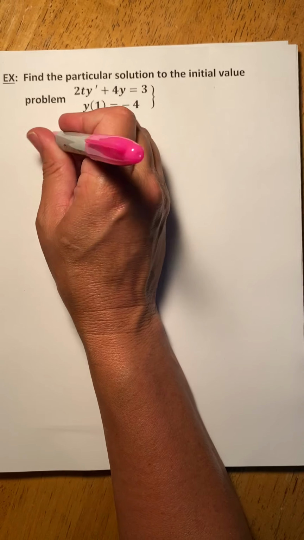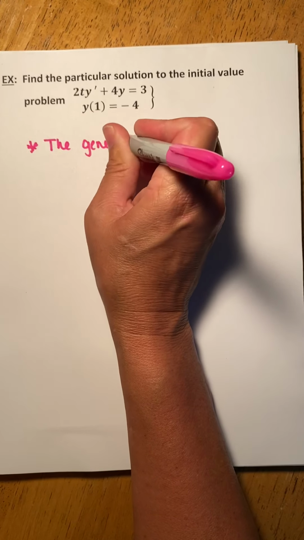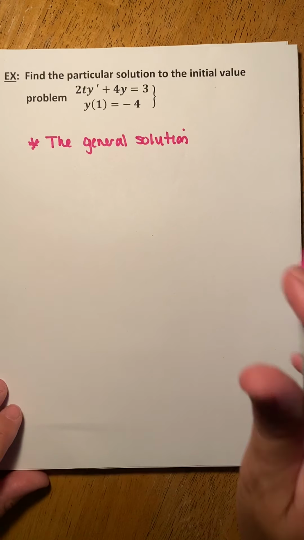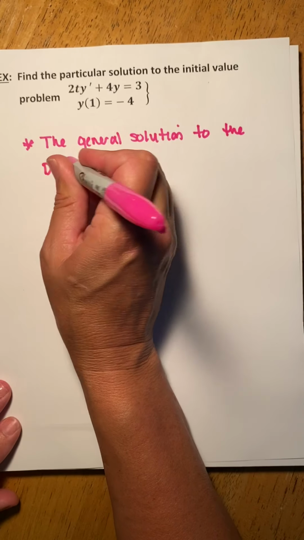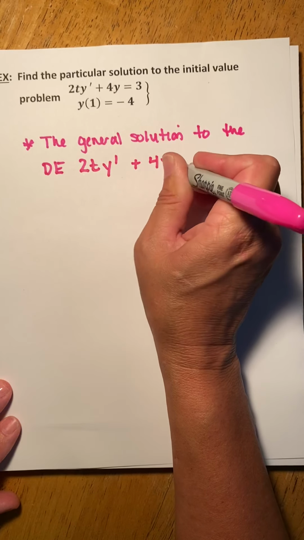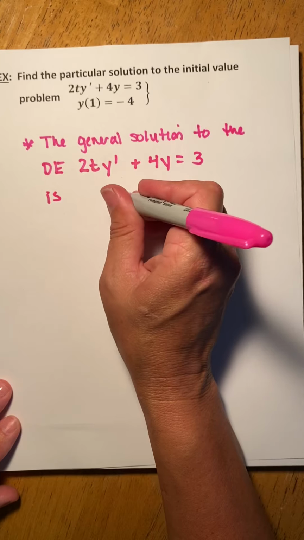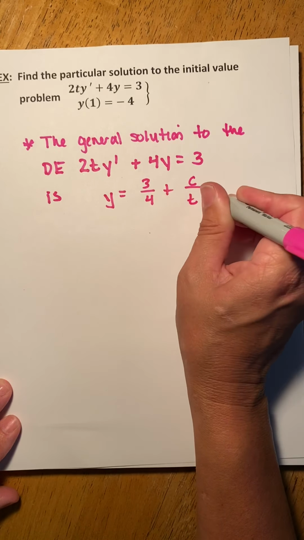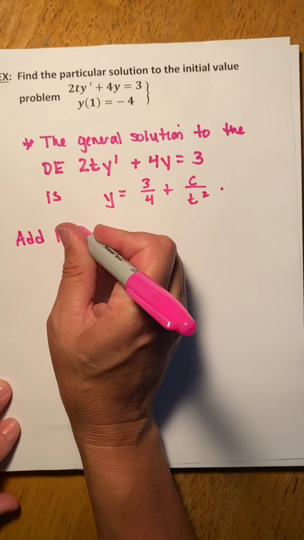So we know the general solution to the differential equation 2ty prime plus 4y equals 3 is, well, we already knew it was y equals 3/4 plus c over t squared. So let's add the initial condition.